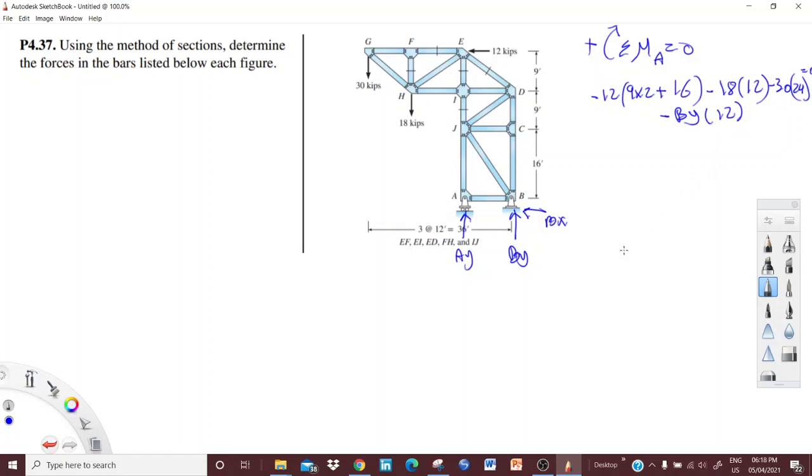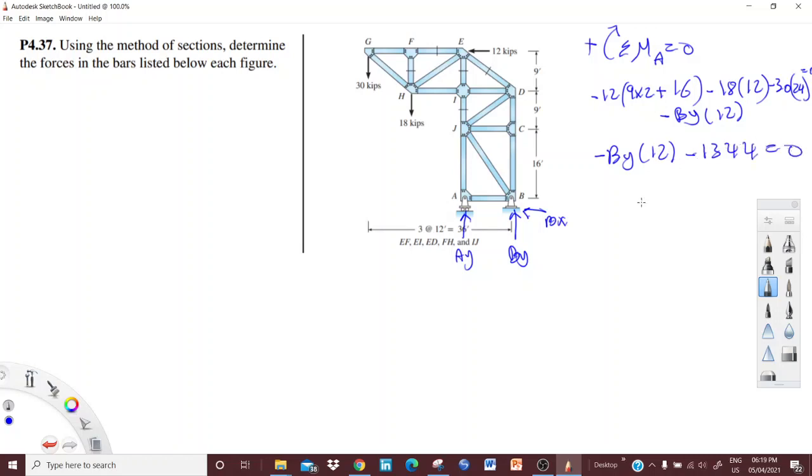Minus 12, 9 times 2 plus 16, minus 18 times 12, minus 30 times 24. The answer is going to be minus BY times 12, minus 1344 equal to 0.